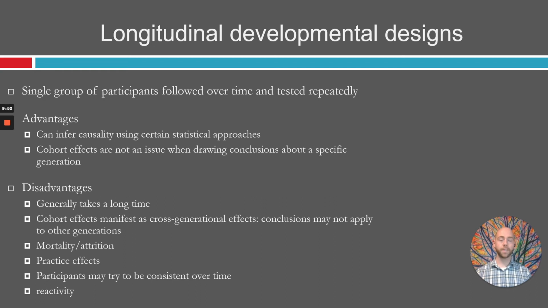Another problem is that when you are studying any group of people over a long period of time, some of them are going to die and some of them are going to quit. So you might have problems with your internal validity because people might be leaving your study for a particular reason.